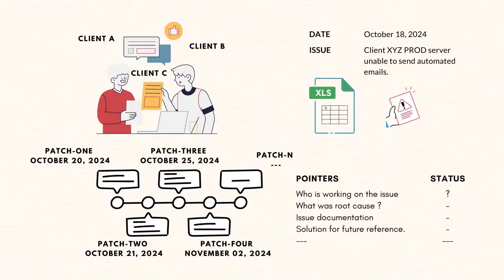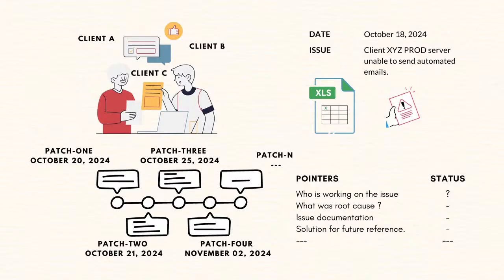Also, who is currently working on the issue is not mentioned, since at a particular time a project manager or senior person from the team may want to see the current status and whom he can reach out to.